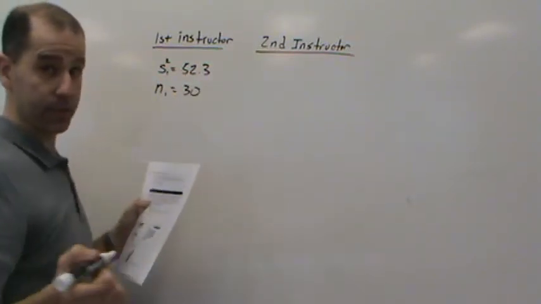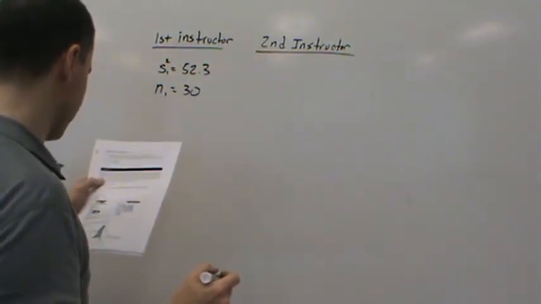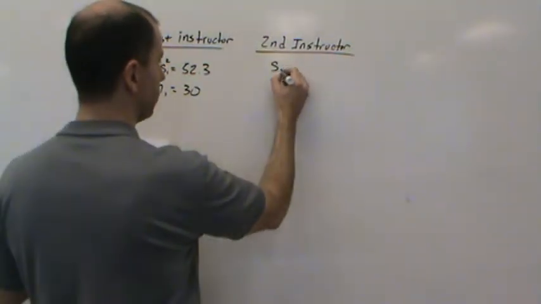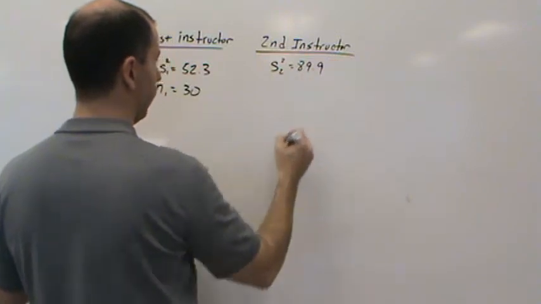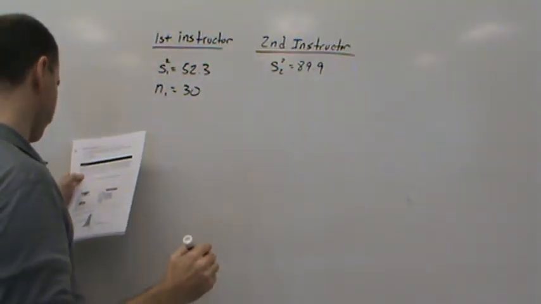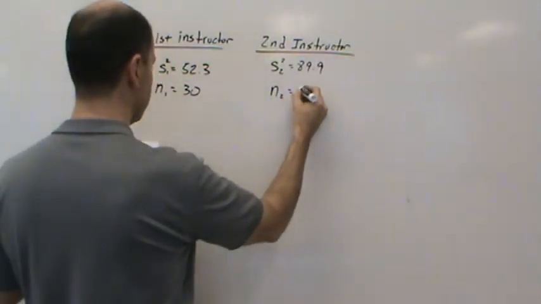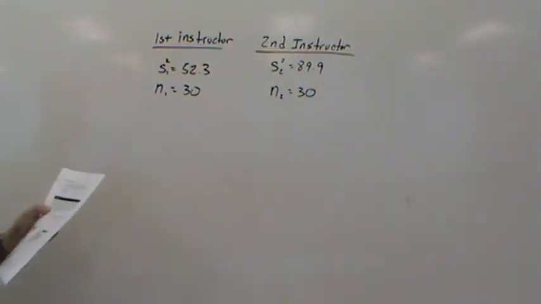In fact, the sample size is the same for both of them. The second instructor's grades have a variance of 89.9. So S2 squared is 89.9, and N2 is equal to 30. Now notice something here.